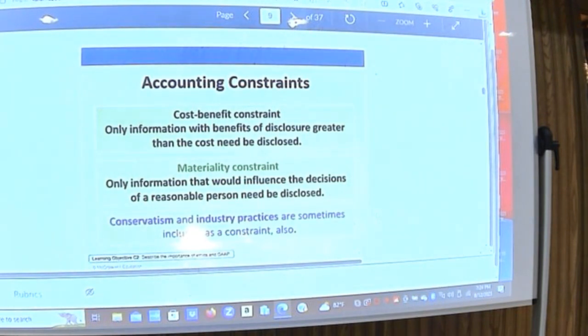And then conservatism and industry practices. These are specific to a particular industry or philosophy, and we'll kind of include those as well, though they're not as specific as cost-benefit or materiality constraints.